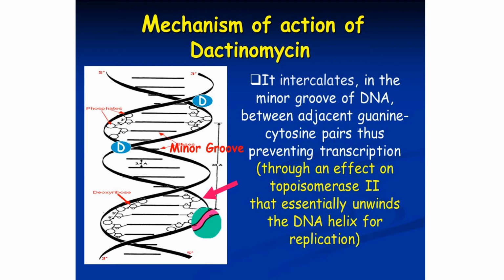It intercalates in the minor groove of the DNA between adjacent guanine and cytosine pairs, and thus prevents transcription. When it binds itself between the G and C, further transcription is stopped. How this is processed and how it is stopped will be discussed in later slides.